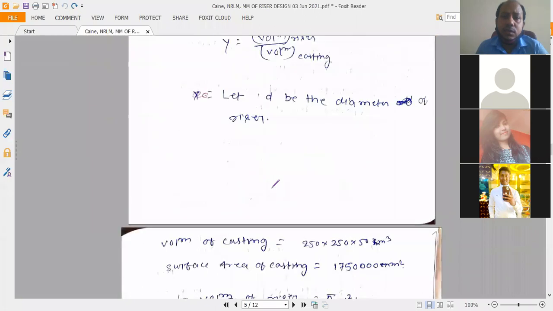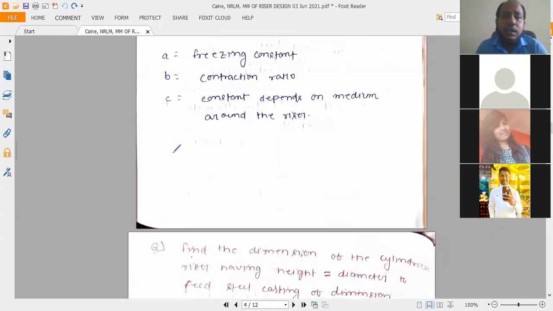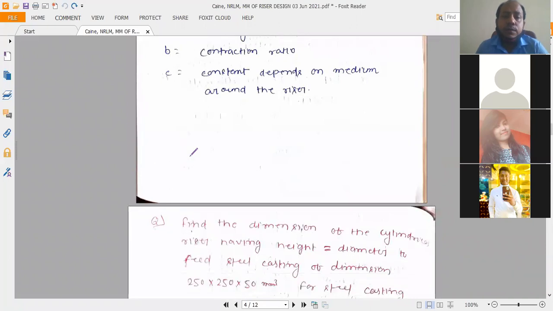dimensions of the riser, with the empirical formula of Kynes. Sometimes it is given in the question: determine the dimensions of the riser through the Kynes formula.